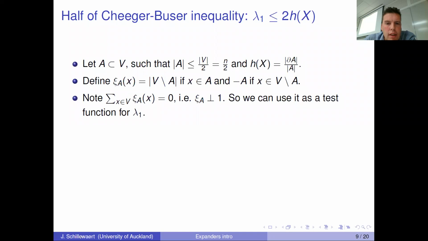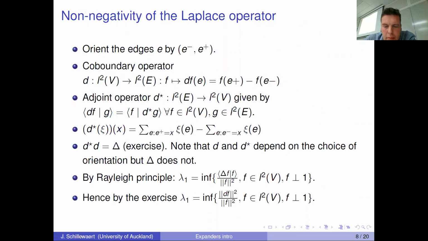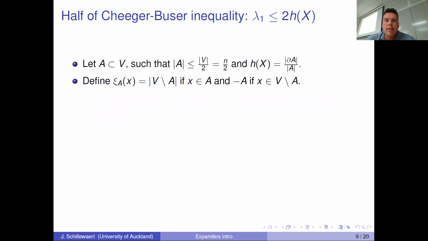So first of all, if you look back here, remember that we were looking at these functions f which were orthogonal to 1. So if I want to use this function to say something about lambda 1, I should check that it's orthogonal to 1. And if it's not, then I'm in trouble.